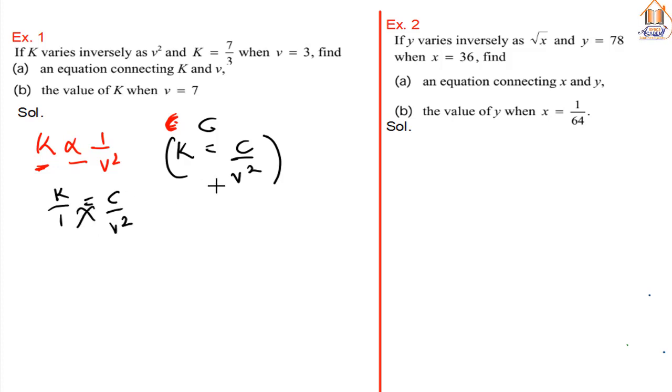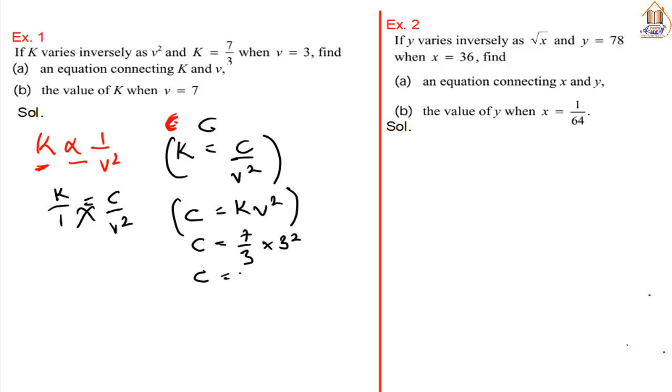So when we cross multiply, c will now be equal to kv squared. Now from the question, when k is equal to 7 over 3, v is equal to 3. When we slot it inside this equation, we have c is equal to 7 over 3 times 3 squared.